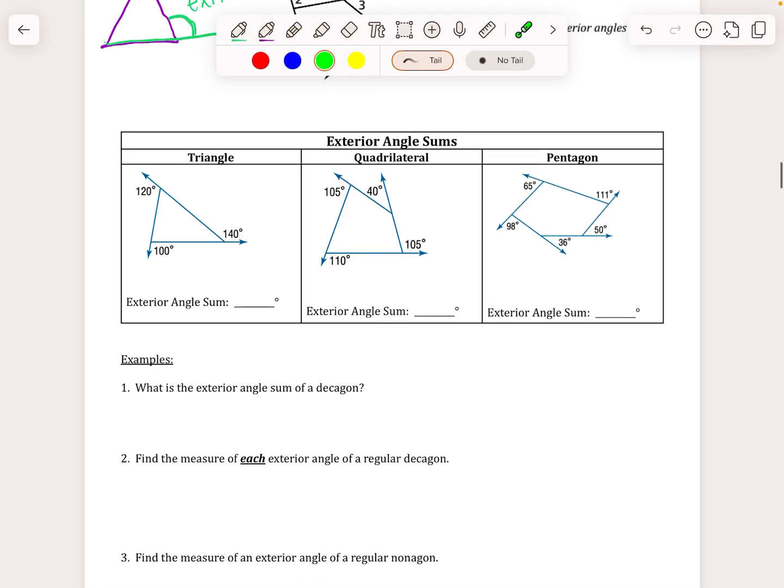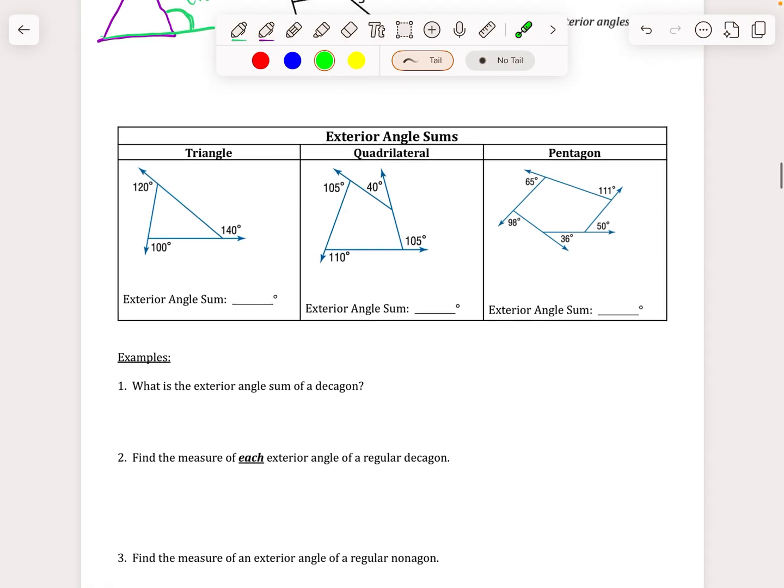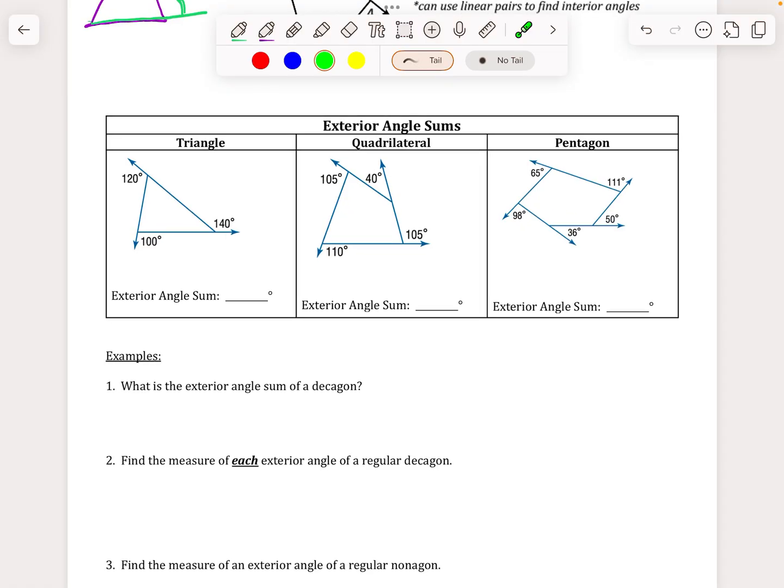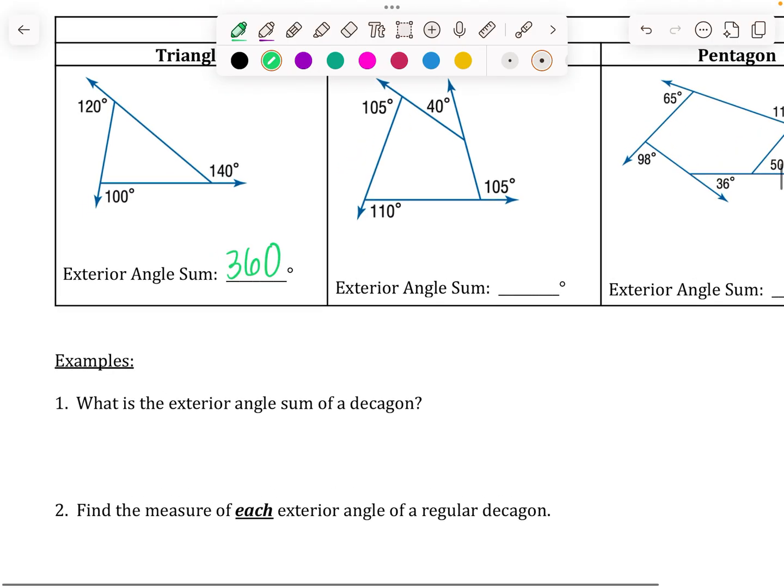Here are a couple examples of what this might look like. In the triangle, if you take 120 plus 140, that's 260, plus 100 would be 360. You could use those to find the interior angles because you know all the pairs have to make 180.